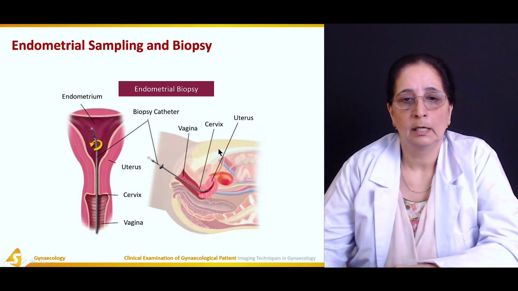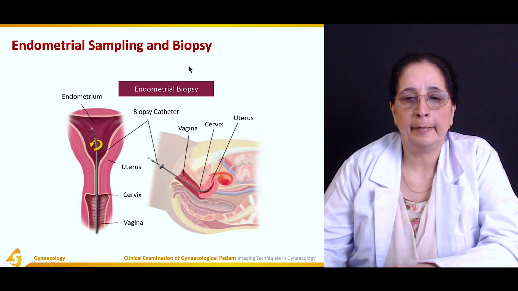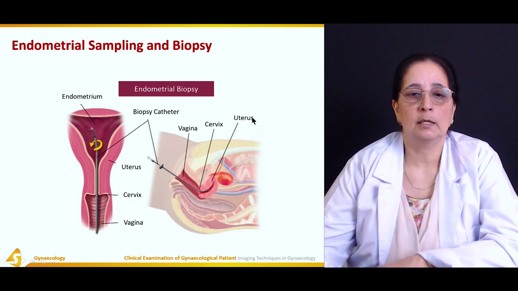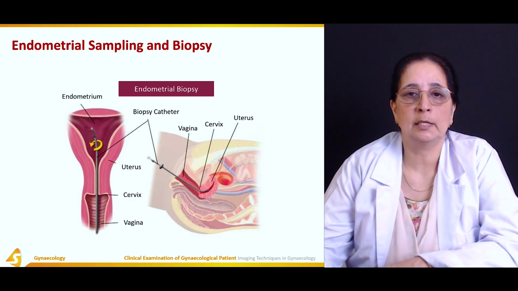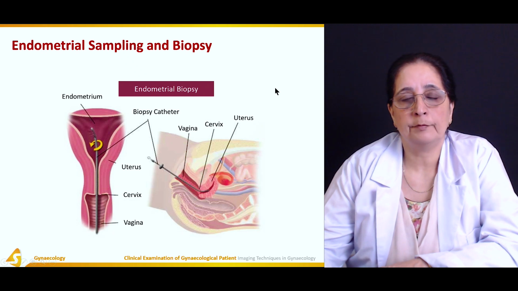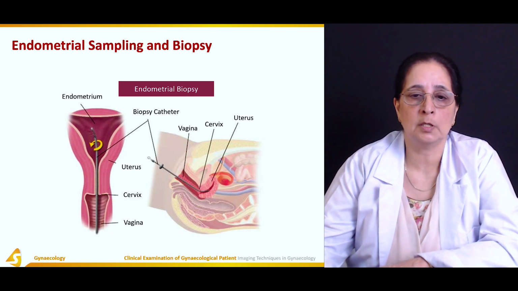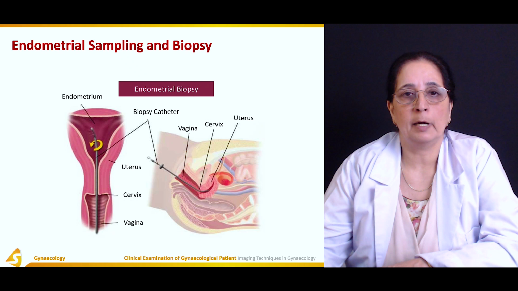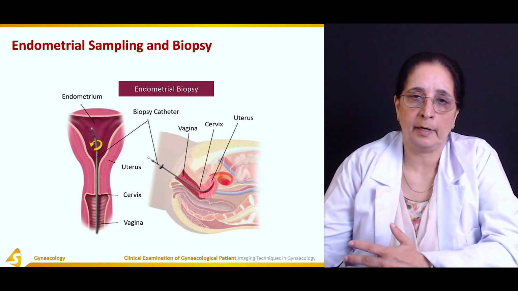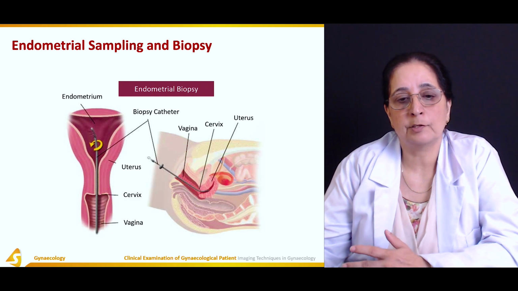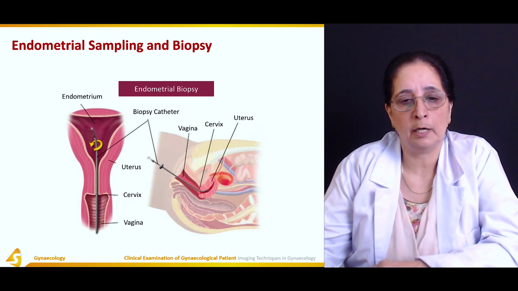Then endometrial sampling and biopsy. Endometrial biopsy is a very important diagnostic test done in gynecological patients. It's done after menopause also. If the female complains of bleeding after menopause, usually endometrial biopsy is done to find out whether it's simple hyperplasia or some cancerous change in the endometrium.